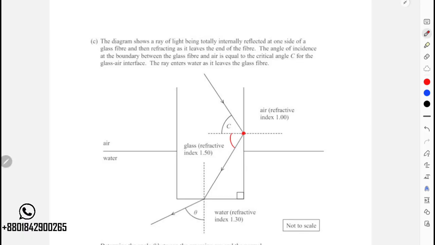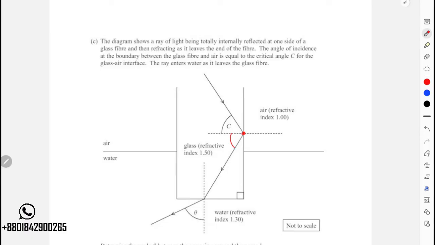The diagram shows a ray of light being totally internally reflected at one side of the glass fiber and then refracted as it leaves the end of the fiber. The angle of incidence at the boundary between the glass fiber and air is equal to the critical angle for the glass-air interface.